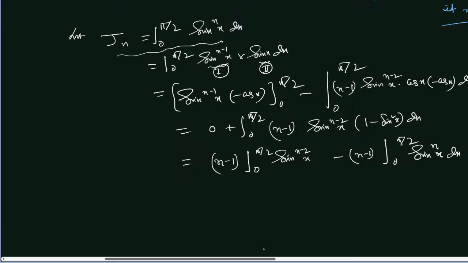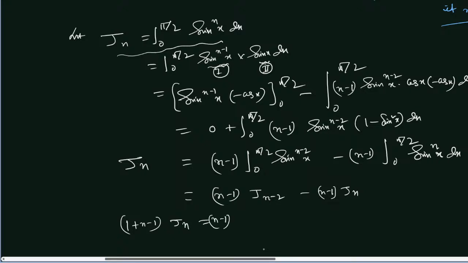So this becomes (n minus 1) J(n minus 2) minus (n minus 1) Jn. Transfer it to the left side: (1 plus n minus 1) Jn equals (n minus 1) J(n minus 2). So Jn is what? (n minus 1) by n, J(n minus 2).